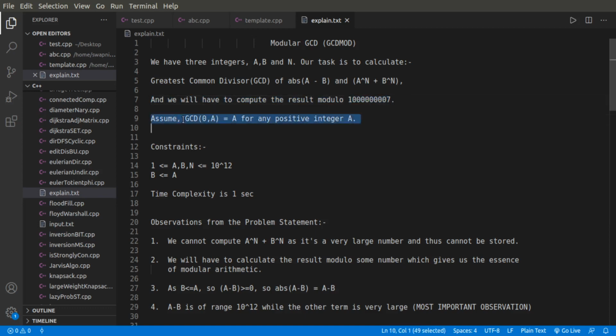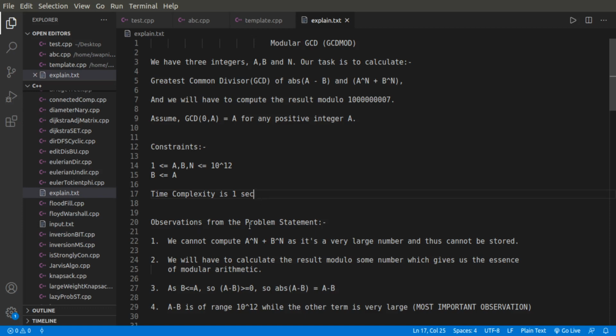Here we have an assumption that GCD of 0 comma a is equal to a for any positive integer a. The constants a, b, n have an upper bound of 10 power 12, and a is always greater than or equal to b. We will have to complete this task in 1 second, so an O of n solution will fail, and we will have to think of a better approach.